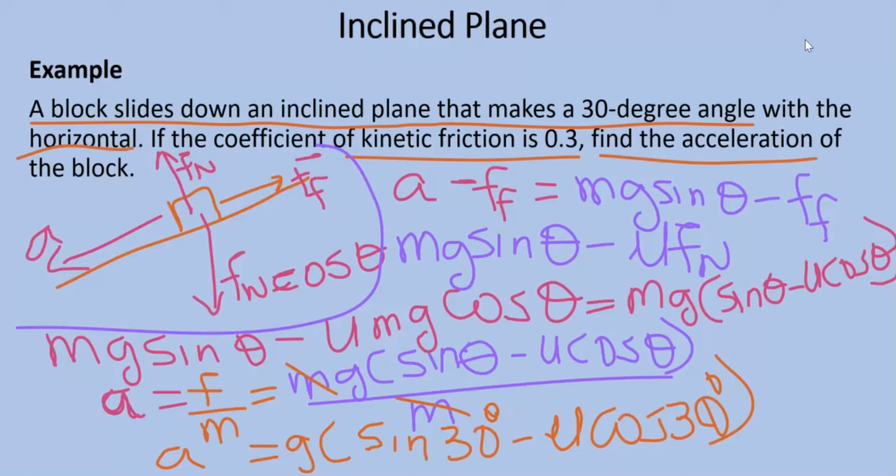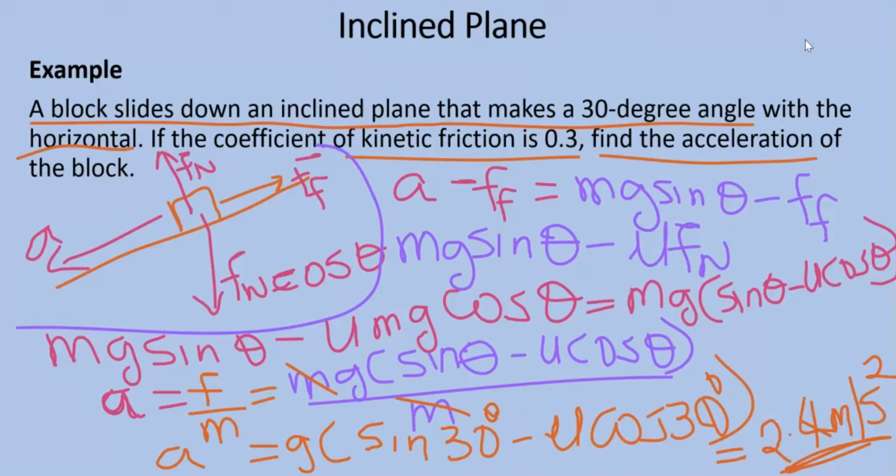So 10, by the time we calculate all this together, A would be equal to 2.4 meters per second square. Okay, so that's the answer of the acceleration. So the acceleration of the block is 2.4 meters per second square.